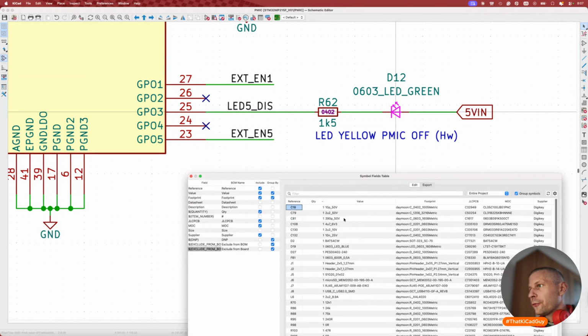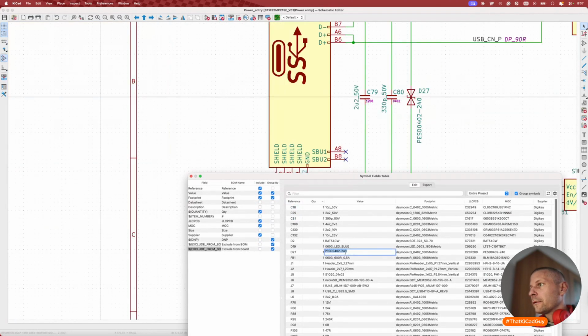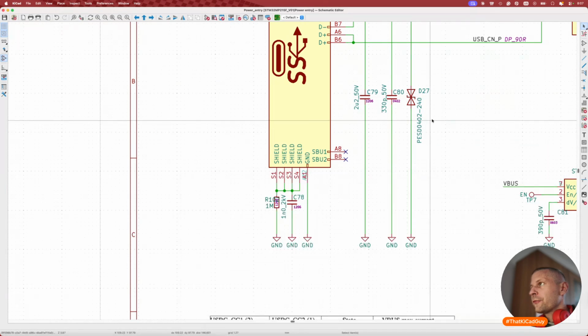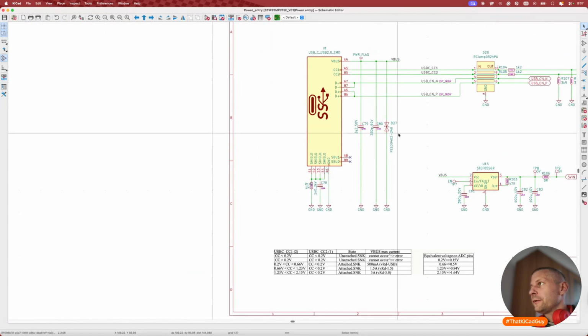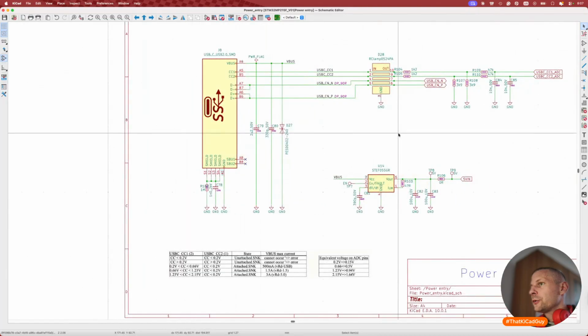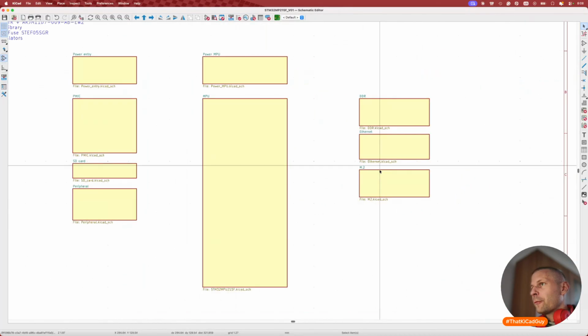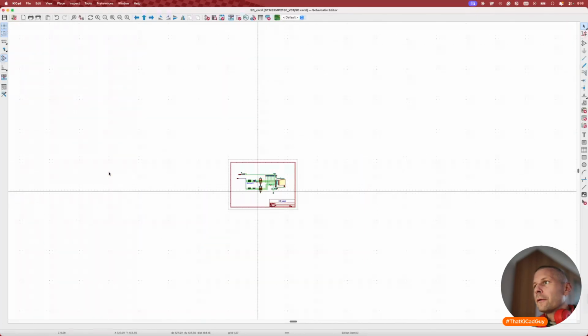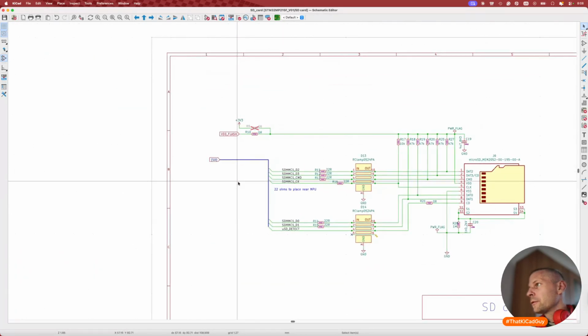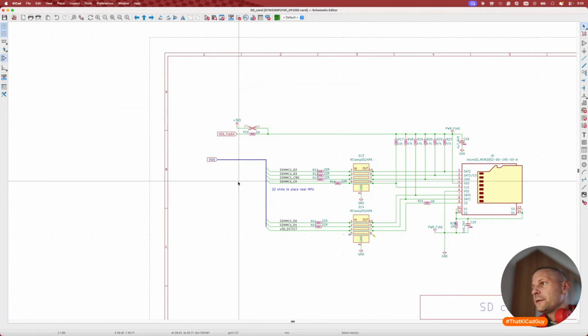So we have this 5-volt ESD, which has some alternative ESD.